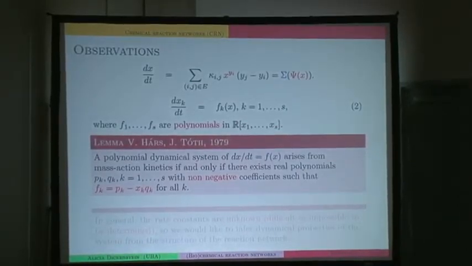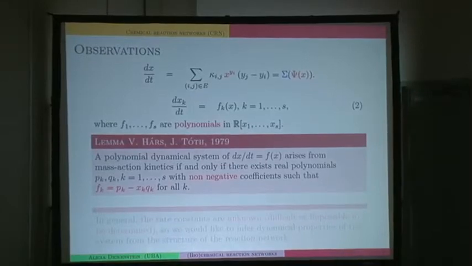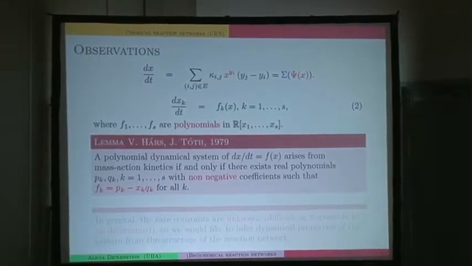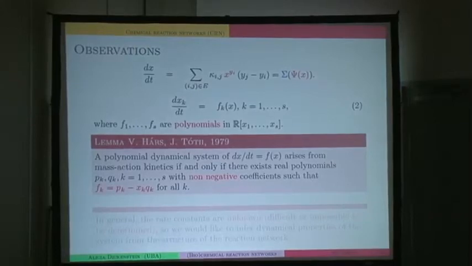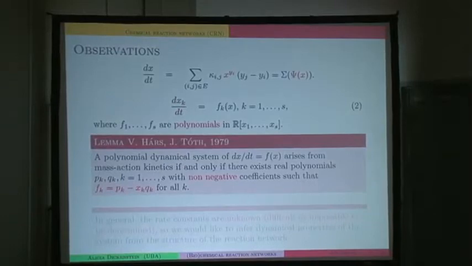This is what we call the Hungarian lemma, because it was proved by 2 Hungarian mathematicians, I guess they were mathematicians. They say that the only restriction, if you have a polynomial system of the form dxk/dt equals fk of x, is that it comes from some chemical reaction network if and only if the kth polynomial, defining this derivative, has this shape.